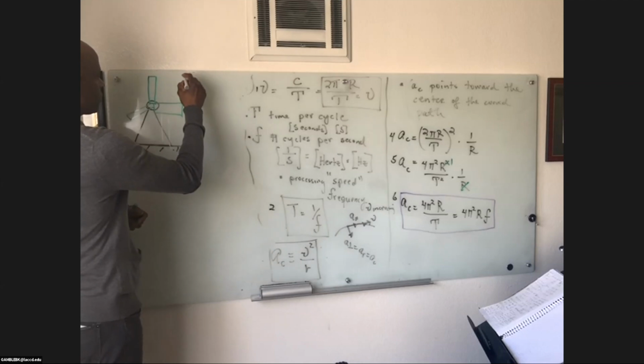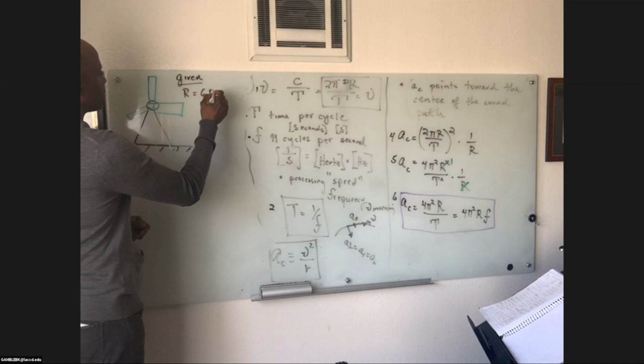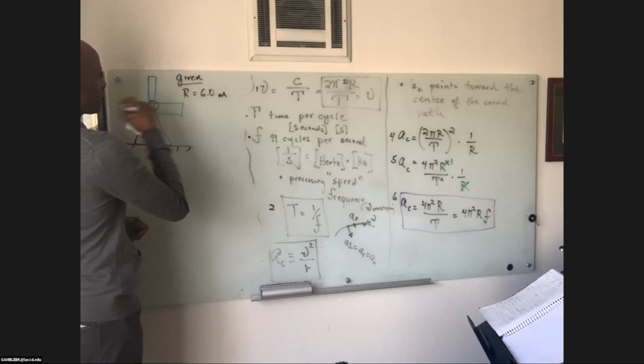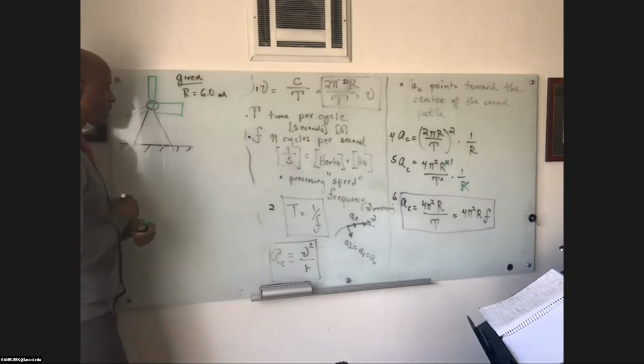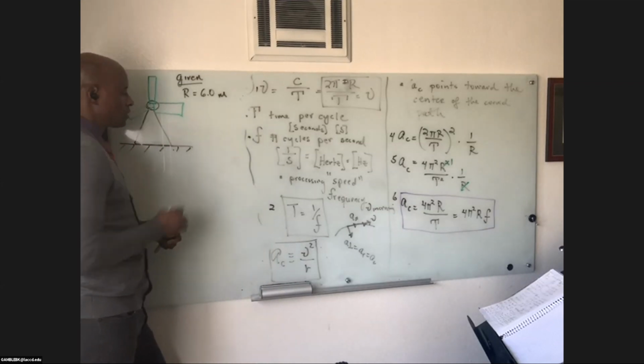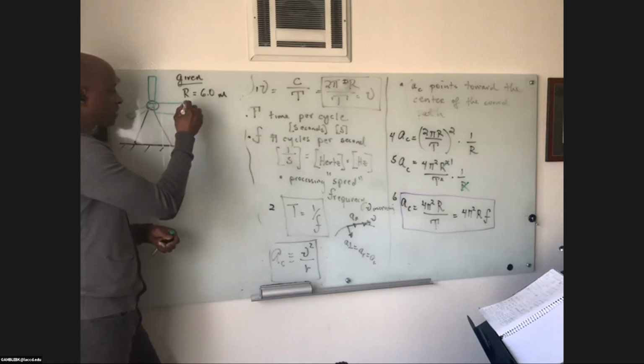Given r is 6.0 meters, the windmill turns one rotation every, just guessing, 25 seconds.